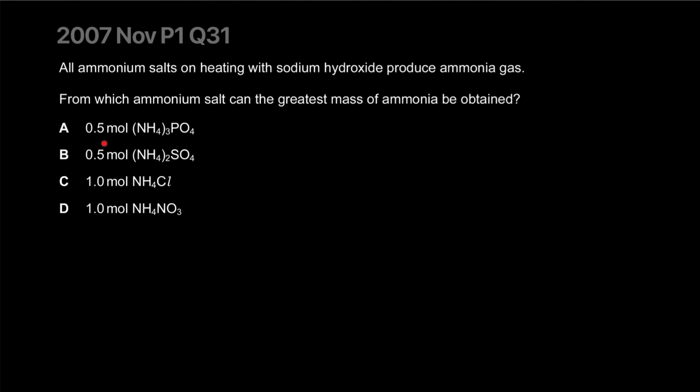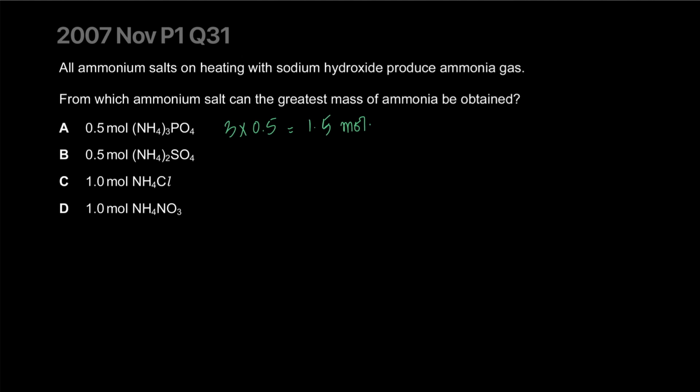If you have 0.5 mole of this entire thing, you're actually going to produce 3 times 0.5, which is 1.5 moles of ammonia, because you have 1.5 moles of ammonium ion over here. So essentially I'll be multiplying the number of ammonium ions with the moles present. The largest number should be our answer.